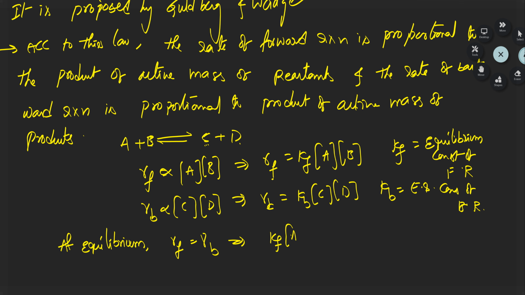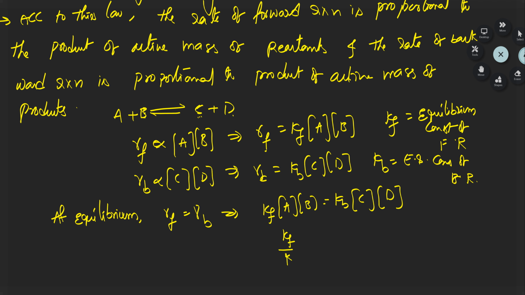Kf into [A][B] is equal to Kb into [C][D]. So Kf by Kb is equal to [C][D] by [A][B]. This is the ratio of the forward constant to the backward constant, which is equal to the equilibrium constant. What is the formula?